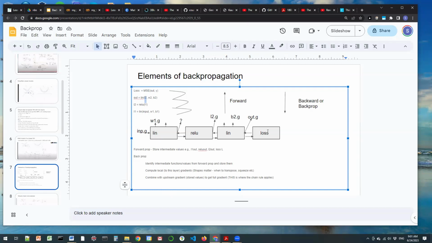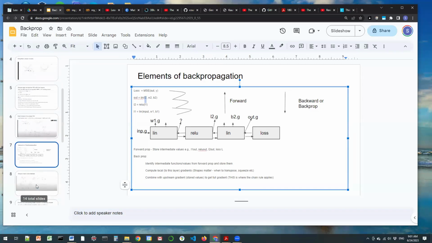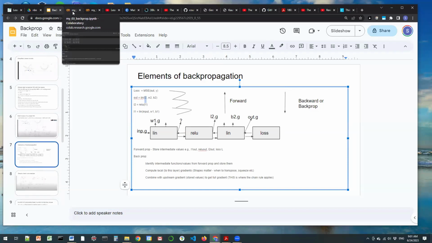Again, this is conceptual, but it's important to write these things out before you go to the next part of our notebook and start working through the details in the notebook.